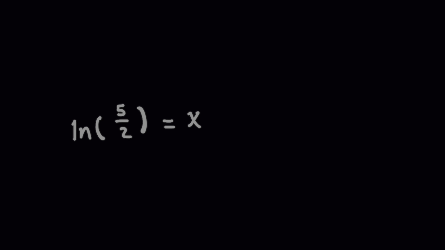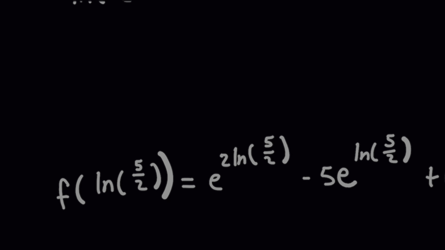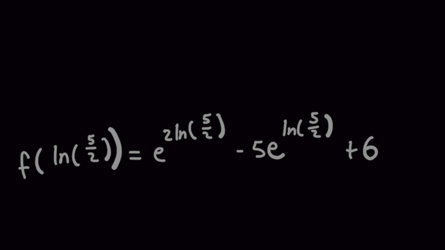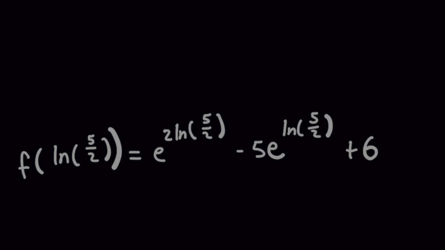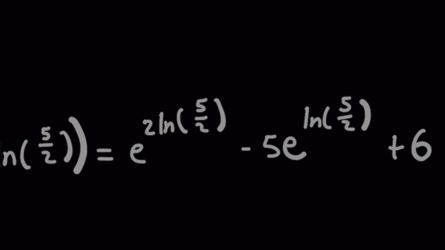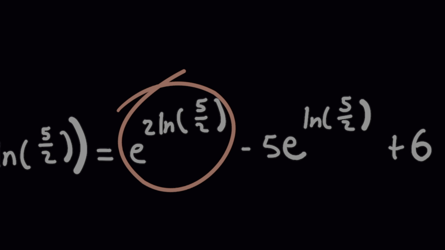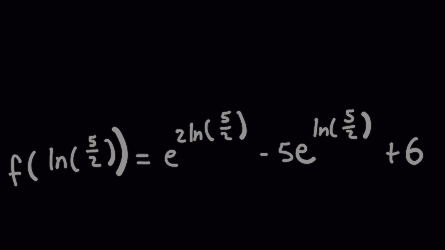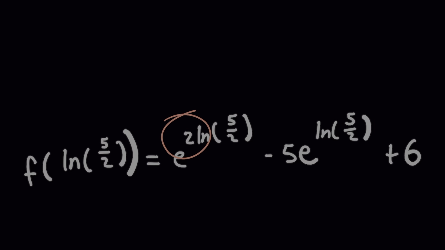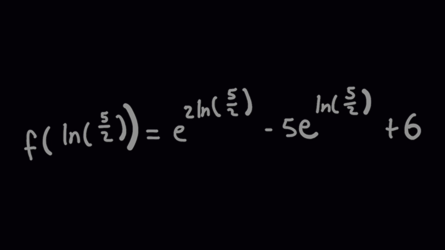So I'm going to go back to the original function f of x, not the derivative function. And so f of the natural log of 5/2, basically telling us wherever we see an x now, we're going to plug in natural log of 5/2. We'll give you now this expression on the right-hand side here. Now keep in mind here that for this term, e to the 2 times natural log of 5/2, we can use a property of logarithms where this 2 can actually be brought inside the argument and squares the 5/2.